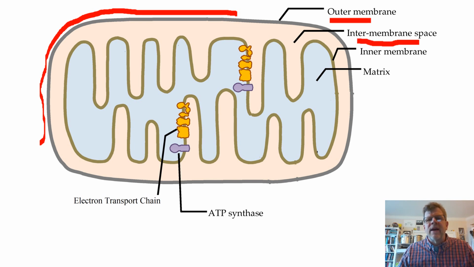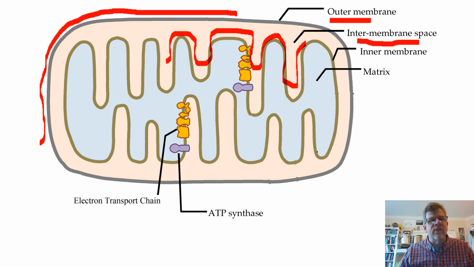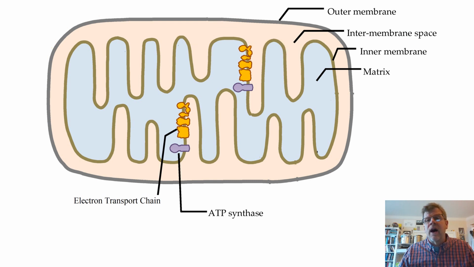That inner membrane was highly folded, remember, and what that does is it allows a lot of surface area on that inner membrane for processes to happen. These processes being the production of ATP.